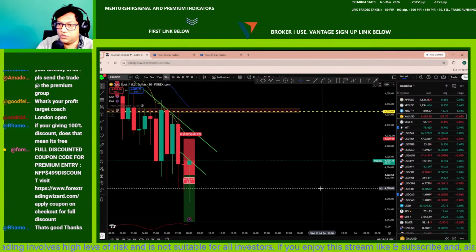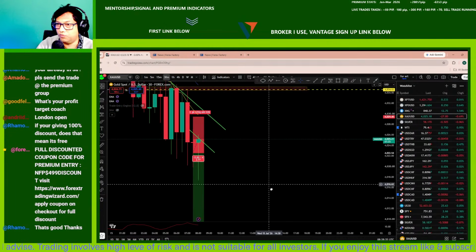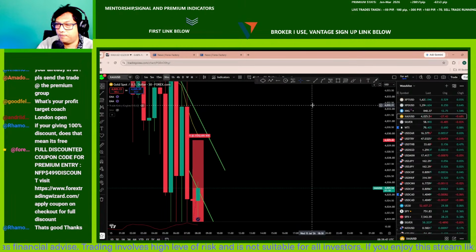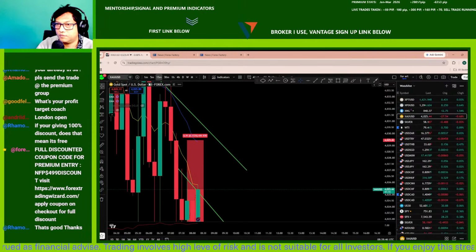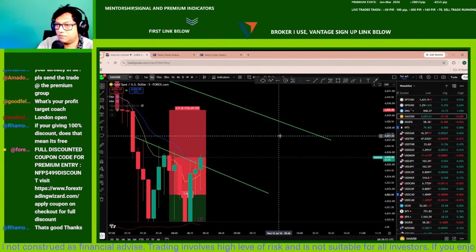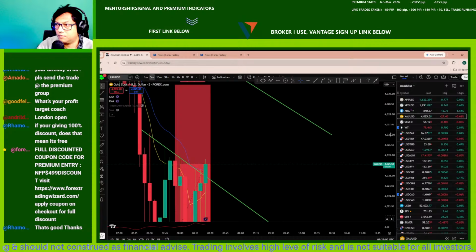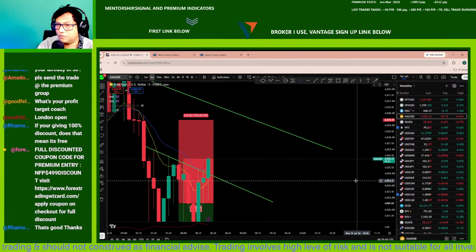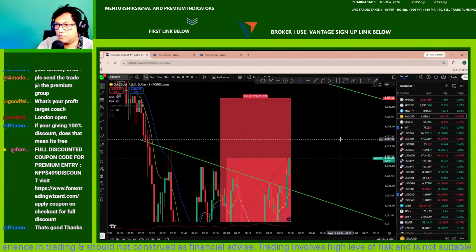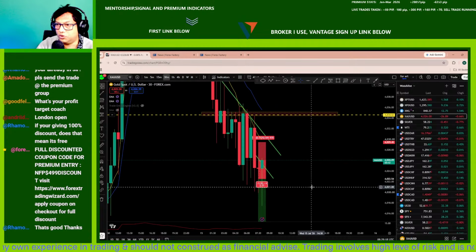And if we see the 30 minutes closing like this as a doji, we still have a possibility to break below. Okay, so 30 minutes closing as a doji.